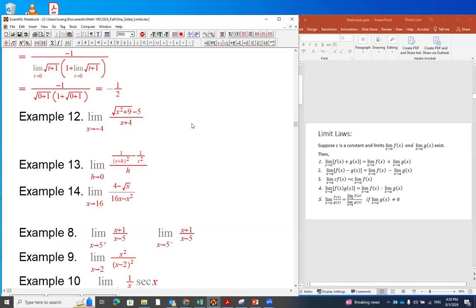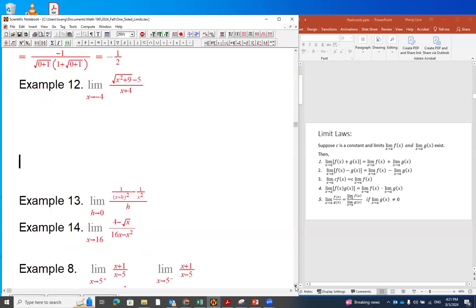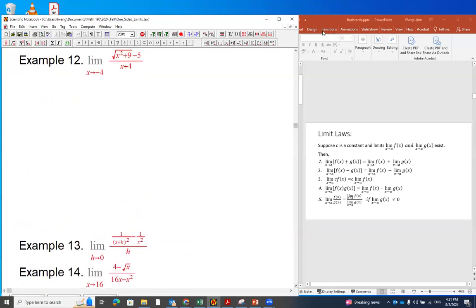So let's look at number 12. Number 12 is very similar to the work we've done. Of course, there are some nuances, and you may like to pause this and try by yourself.